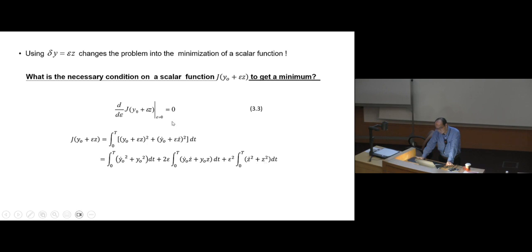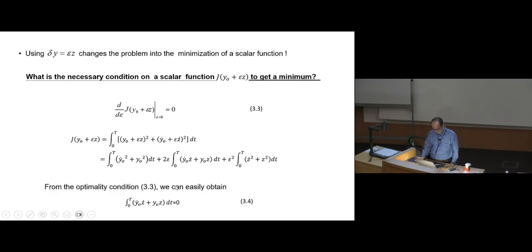But remember, we also put epsilon equals 0, right? When epsilon equals 0, this derivative should be 0. So therefore, we can easily obtain that this one will be 0, because the derivative of this one, when epsilon equals 0, will be 0. Therefore, we have this one. Okay? Any questions?